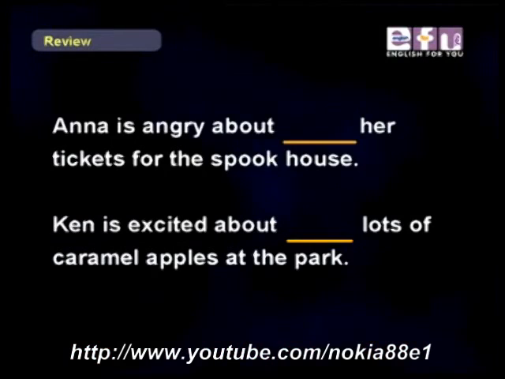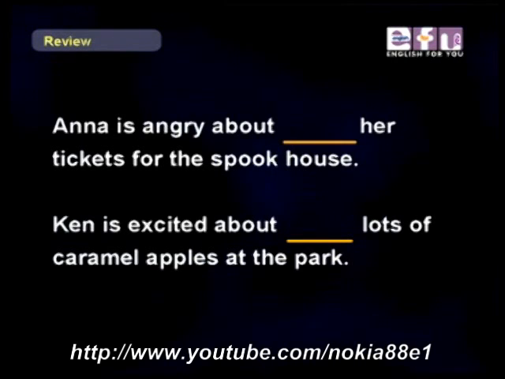Anna is angry about something. Her tickets for the spook house. That's the first one, and I'll write the second one on the board too. Ken is excited about something.